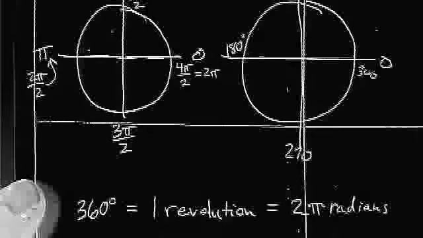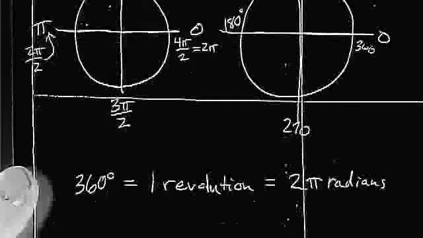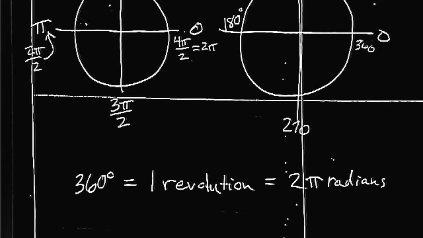So here's an important fact for you. 360 degrees is equal to 1 revolution, which is also the equivalent of 2 pi radians.